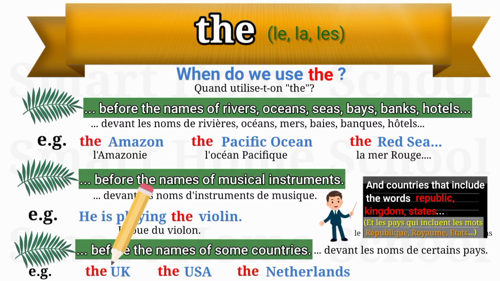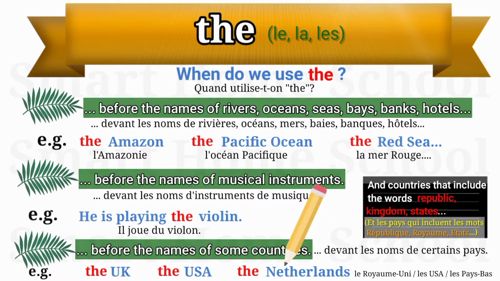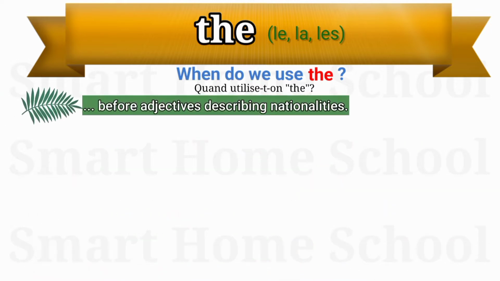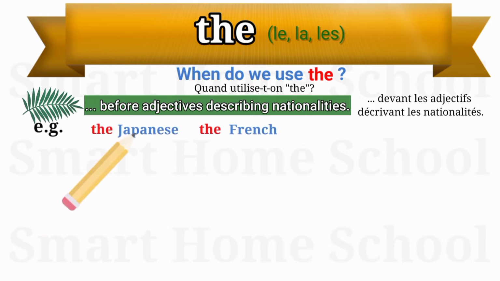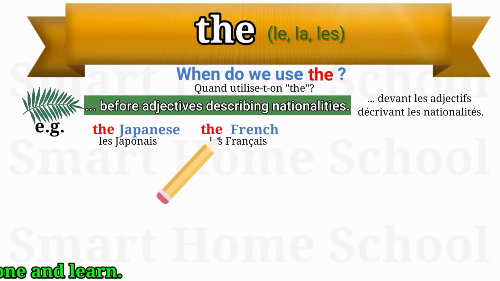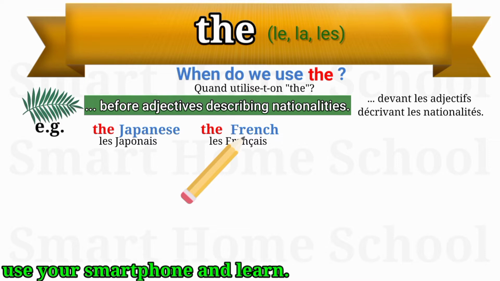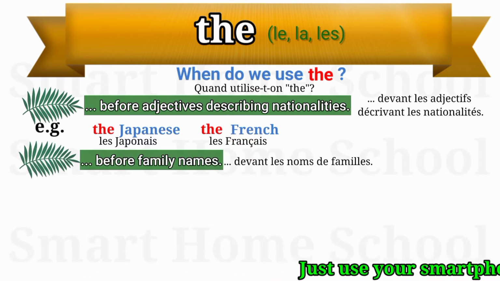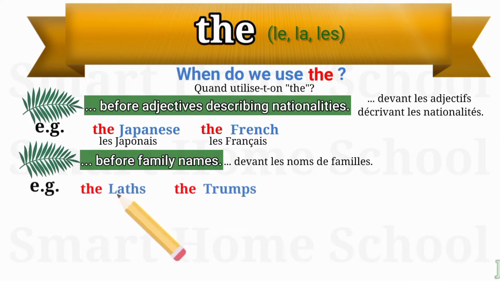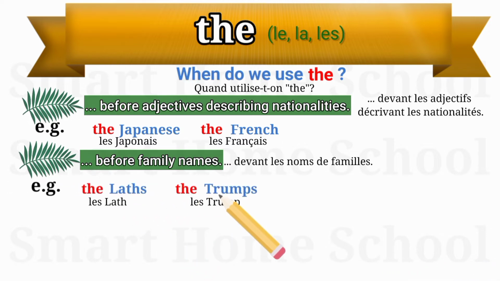Example: the UK, the USA, the Netherlands. Before adjectives describing nationalities. Example: the Japanese, the French. Before family names. Example: the Lats, the Trumps.